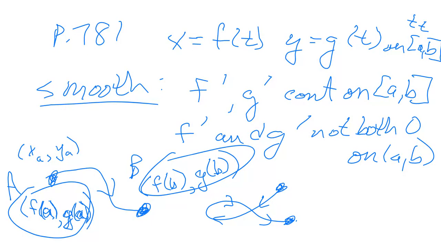But anyway, we have smooth, but then we also have closed. It's closed if the endpoints are the same.